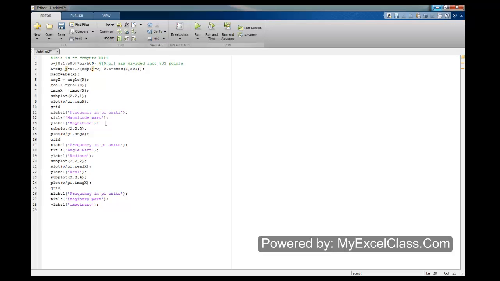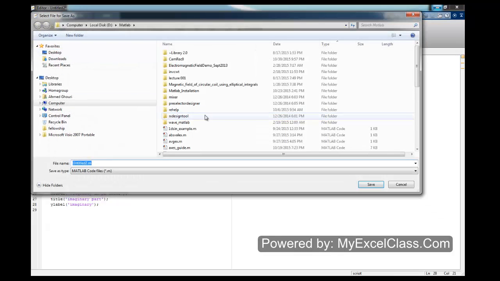So this is our whole file. I'm gonna save it as discrete time Fourier transform, DTFT.